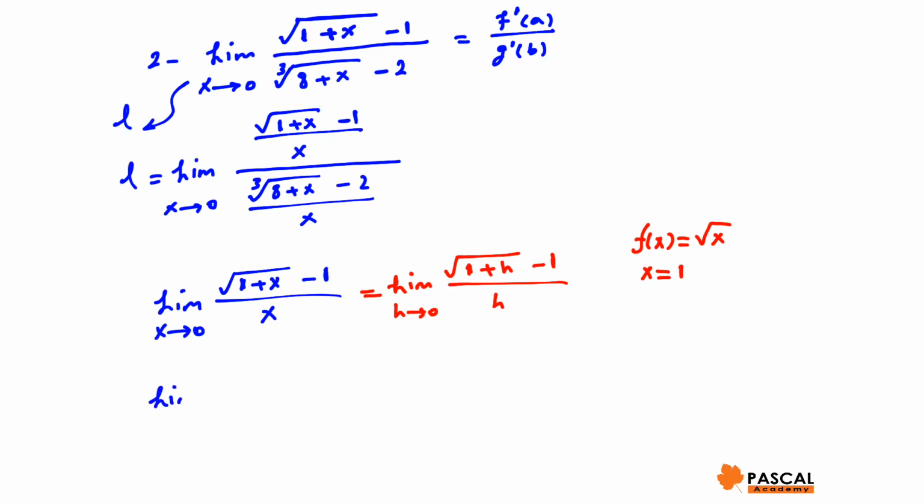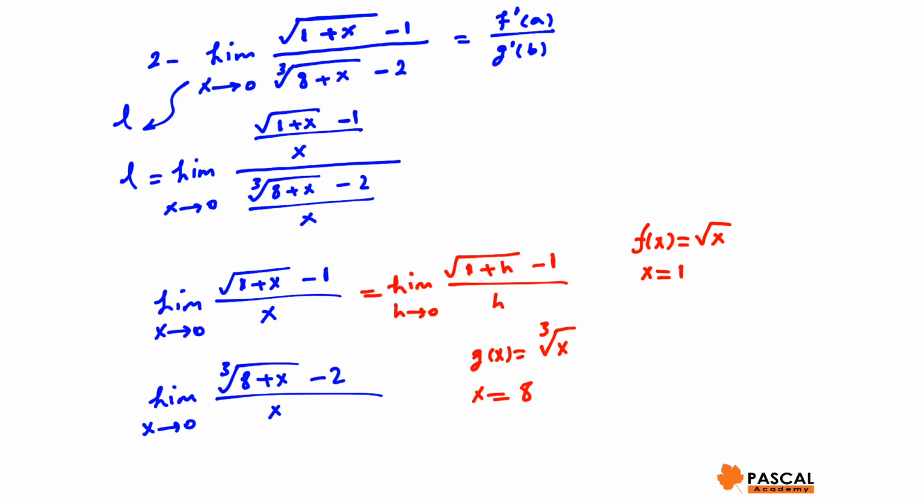Similarly, the limit of cube root of 8 plus x minus 2 over x as x approaches 0 is the derivative of g of x equals cube root of x when x is 8.